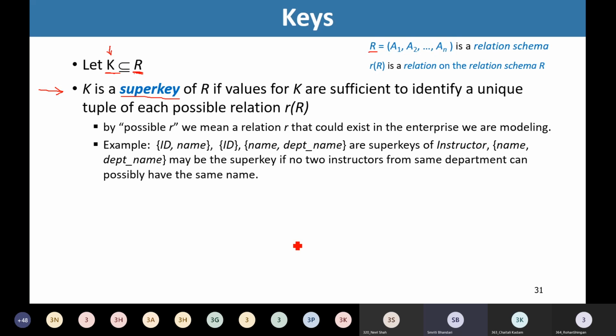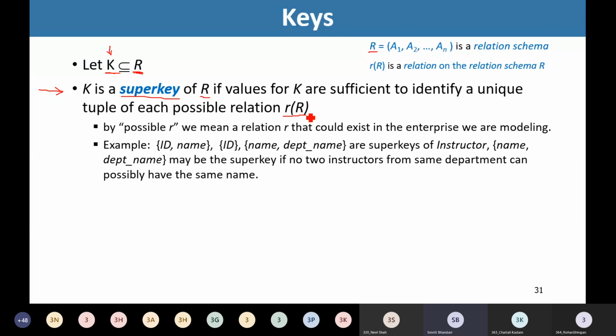K is a super key of R if values for K are sufficient to identify a unique tuple of each possible relation r on R. I'll repeat, this is the formal definition for a super key K: K is a super key of relation schema R if values for K are sufficient to identify a unique tuple of each possible relation r on R.